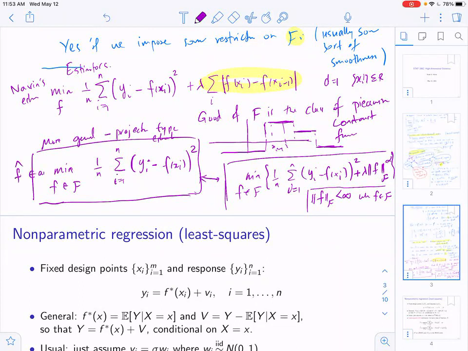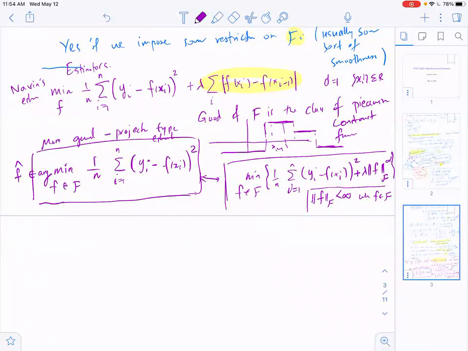There could be multiple solutions, but let's say a solution f hat which belongs to the class F and minimizes this goodness of fit criterion. So we're interested in analyzing the performance of these types of estimators. Okay, so far so good.